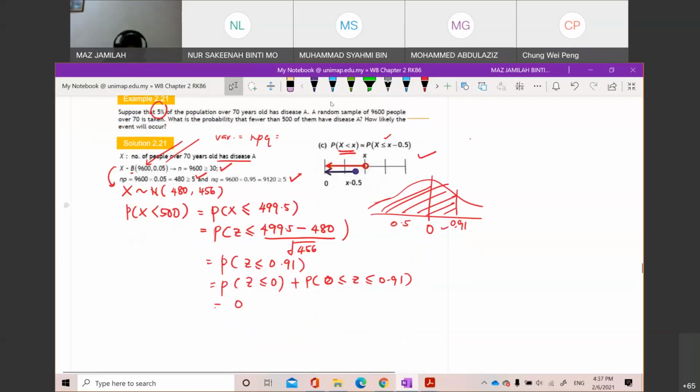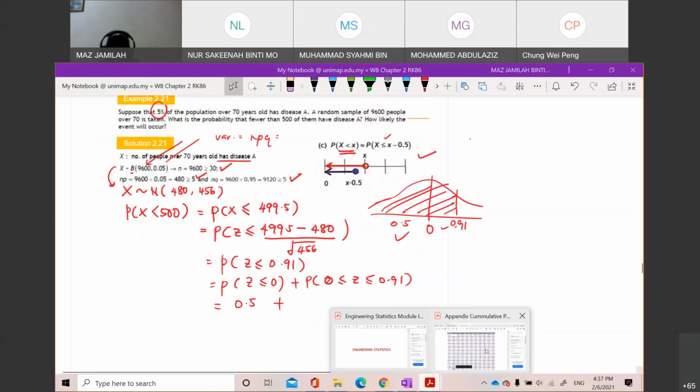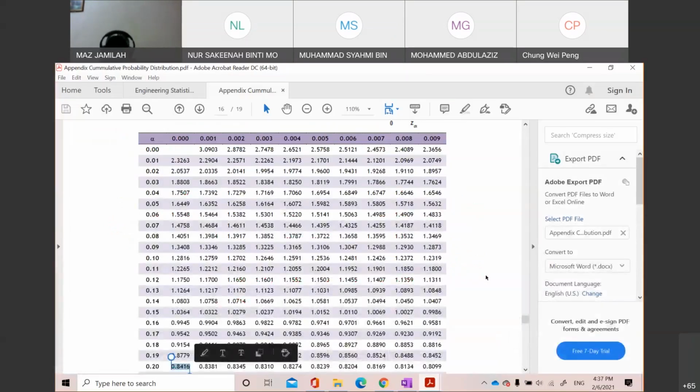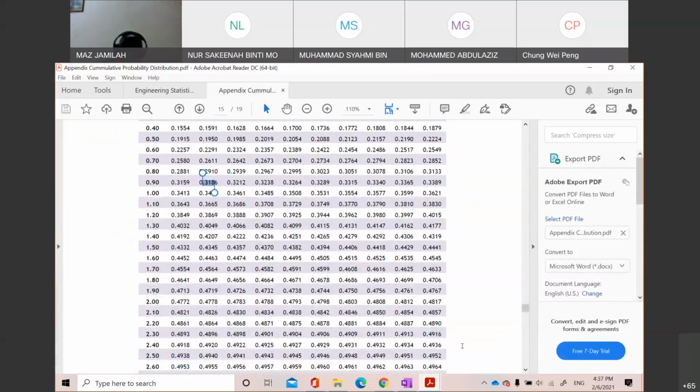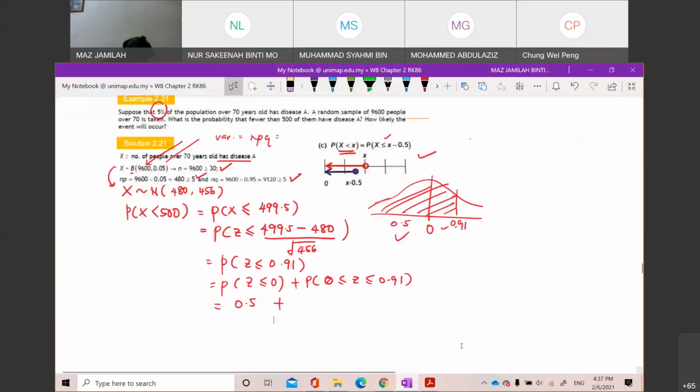So you will get 0.5 for this part plus, for 0.91, you will get 0.3186. Okay, so you will get 0.8186.